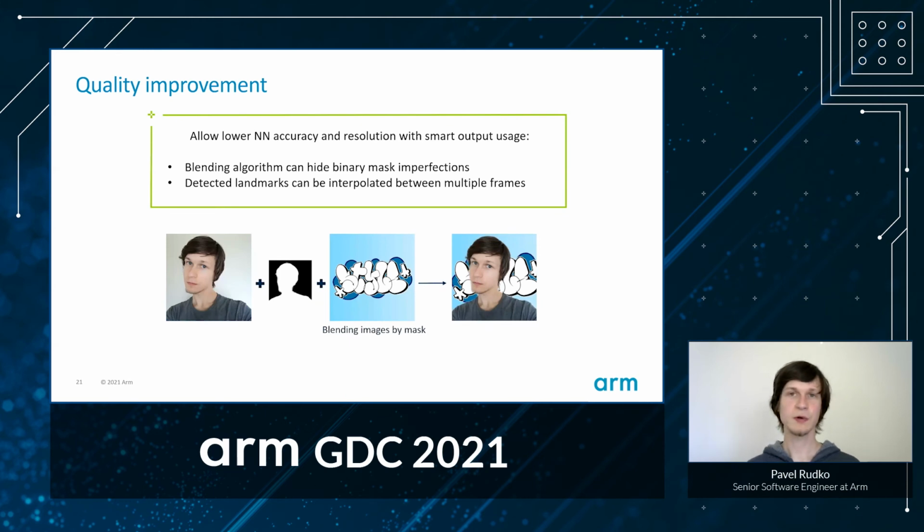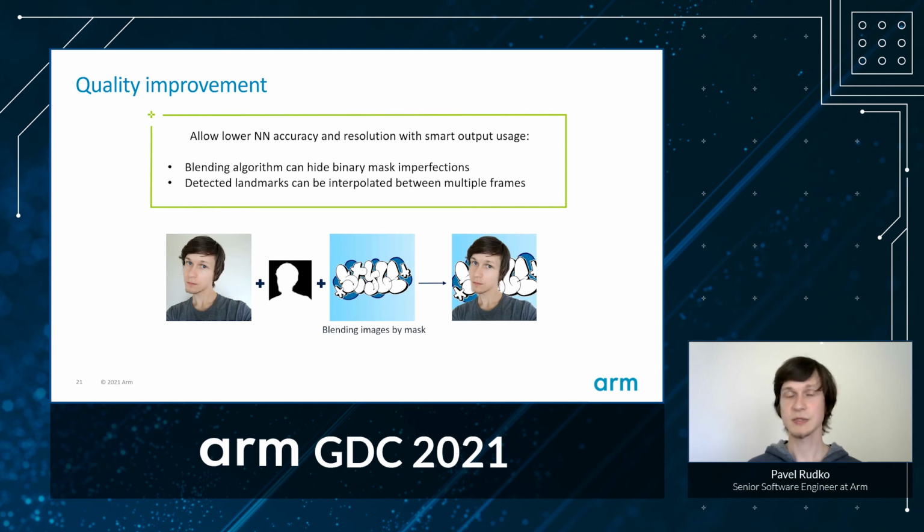It is also worth trying to improve the quality without affecting the performance too much. For example, there are different tricks that can allow us to make imperfections of the neural network less visible. For example, a clever blending algorithm can hide binary mask imperfections.